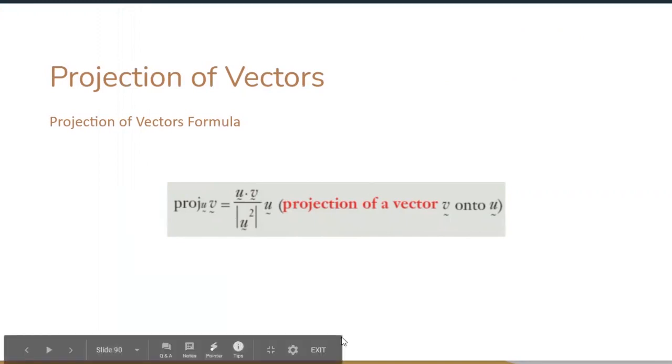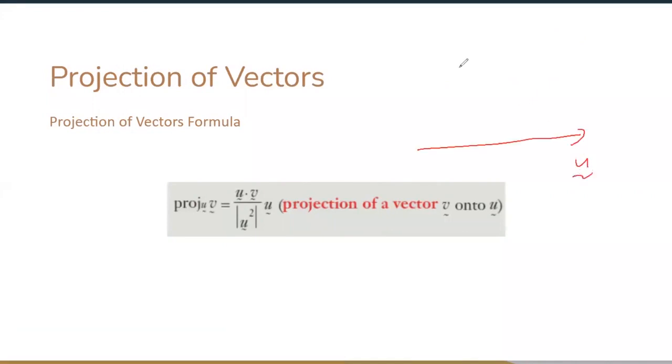Well, if I have two vectors, and one of them is, say, u, and we have another vector v, then the projection of vector v onto vector u, which is exactly what this represents, is given by essentially this.